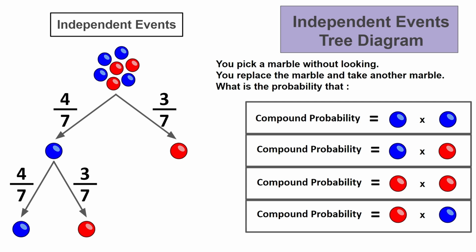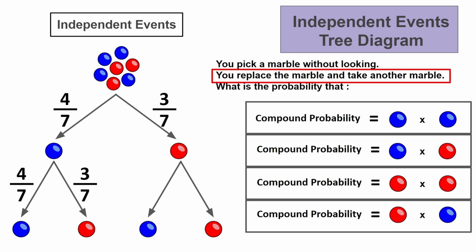So, now that we've drawn branches illustrating the different probabilities if we first picked a blue marble, let's draw branches showing the probabilities if we first picked a red marble. Now remember, we've already determined that these events are independent since you replaced the first marble before taking another marble.